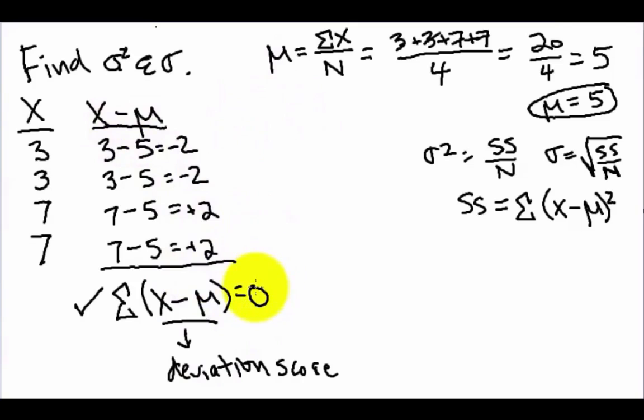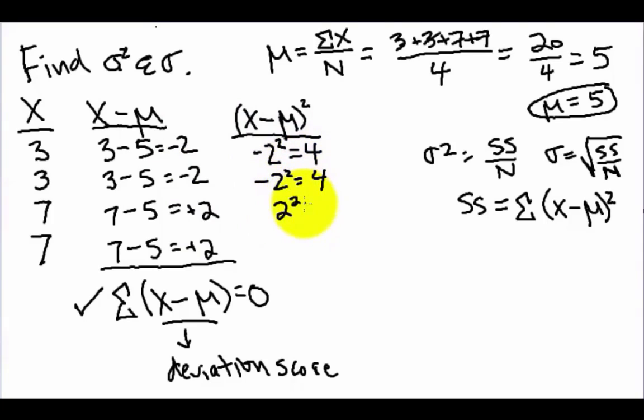Because this equals 0, which it should, we have to do another step here. We're going to find x minus mu squared, so that quantity squared. To do this, we take our x minus mu, negative 2, square that, which is equal to 4. Negative 2 squared is equal to 4. Positive 2 squared is equal to 4, and another positive 2 squared is equal to 4.